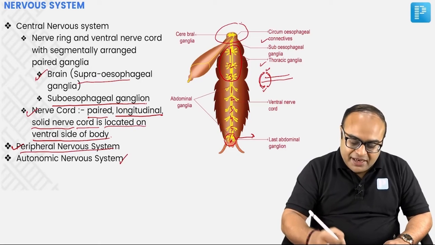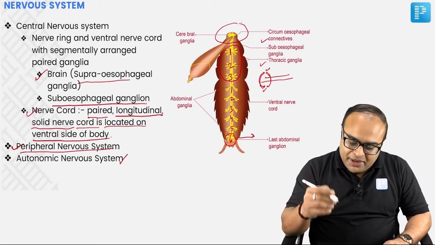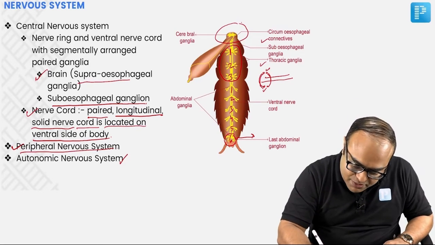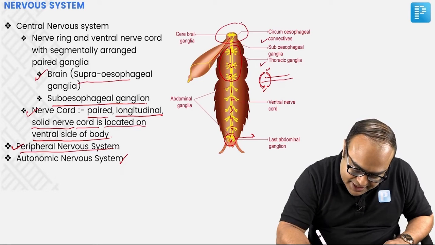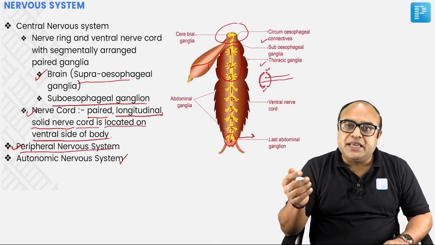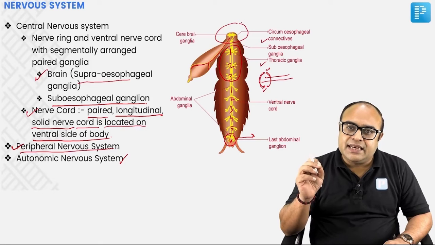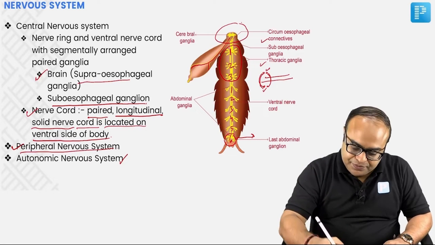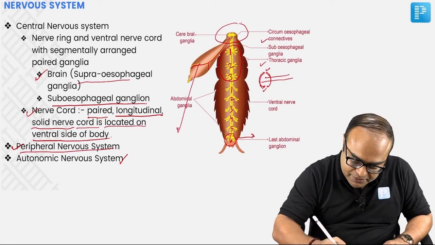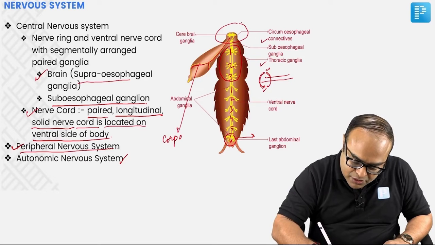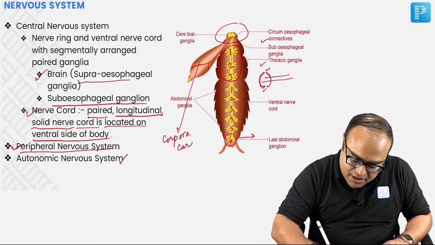Then the autonomic nervous system. I must tell you about this line. See this line. Sympathetic and parasympathetic supply. Involuntary actions are usually controlled. There is a gland present over here, corpora cardiaca.